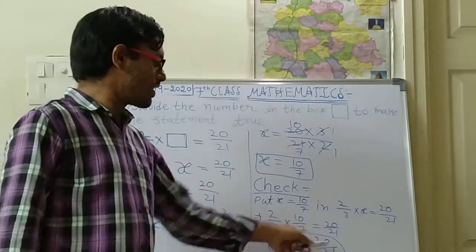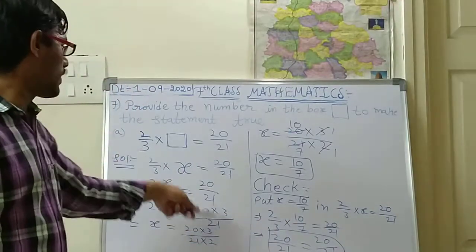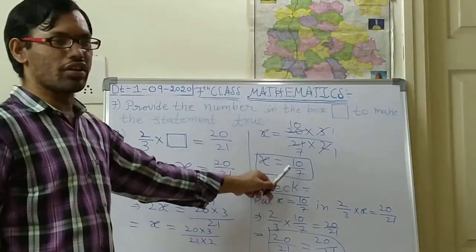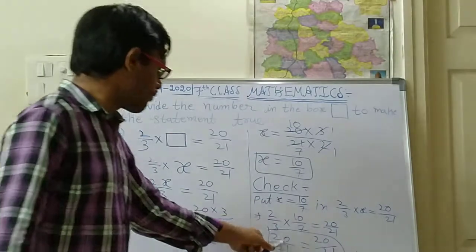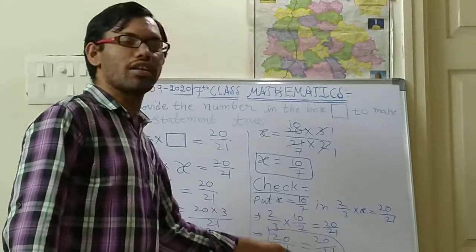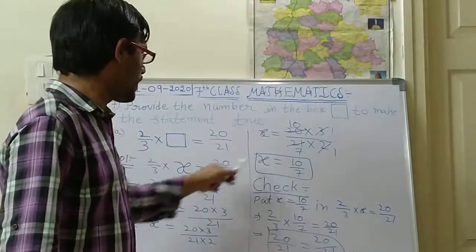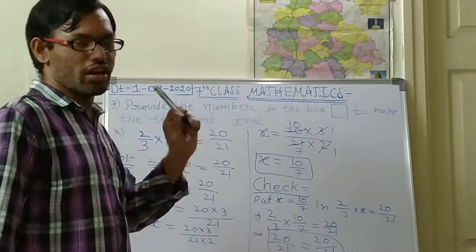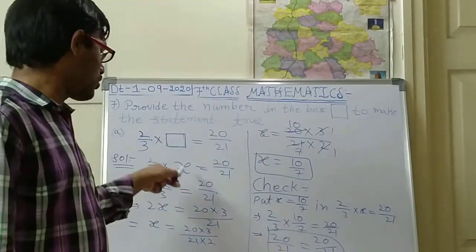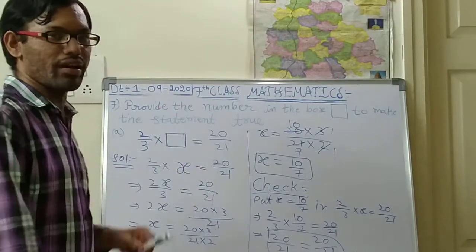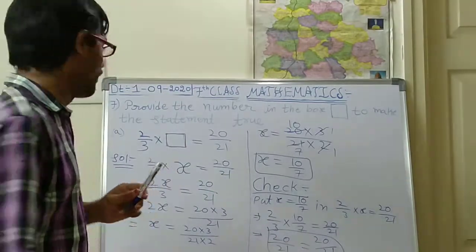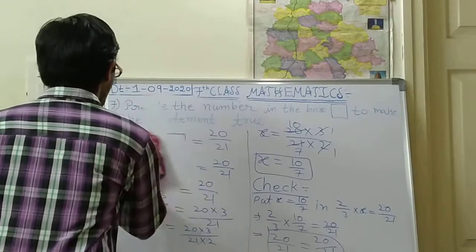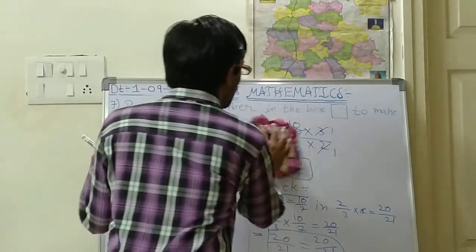If LHS and RHS both are equal, then whatever you got, x equals 10 by 7, is correct. Suppose LHS is not equal to RHS, then somewhere you have done wrong, so again you should check the steps clearly. So this is the answer. Next, in this only, the second one we shall see.